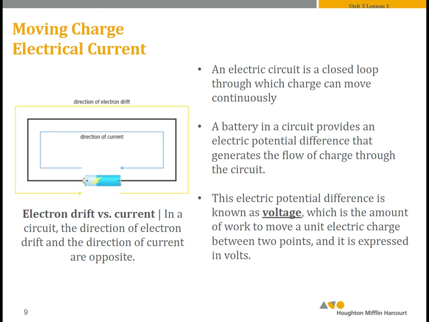And the unit for voltage is volts. So when you hear about the voltage of an electrical system, that's just referring to how much work it takes to move an electric charge from one point to another.